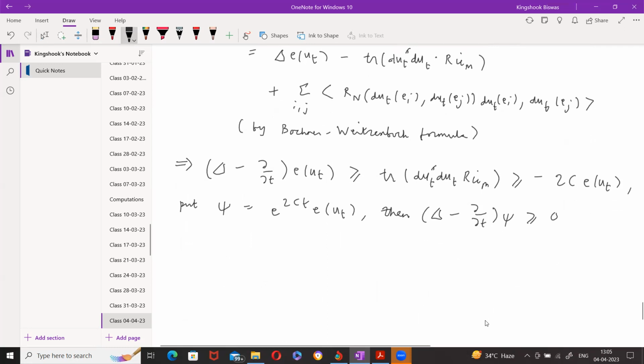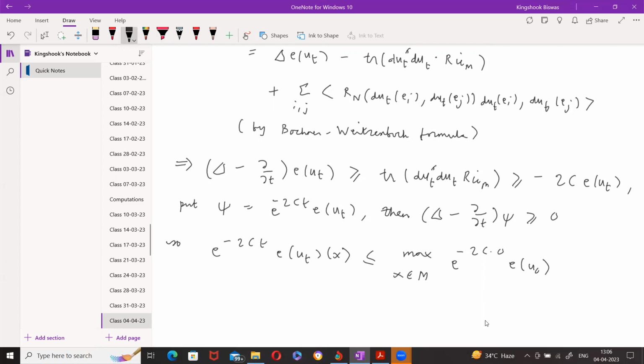And so by the parabolic maximum principle, psi of (x,t), that is, sorry, e^(-2ct) should be here. Yeah, and so we'll get that e^(-2ct) E(u_t)(x) is less than or equal to the max over x in M of e^(-2c·0) energy of u_0, and that's it.